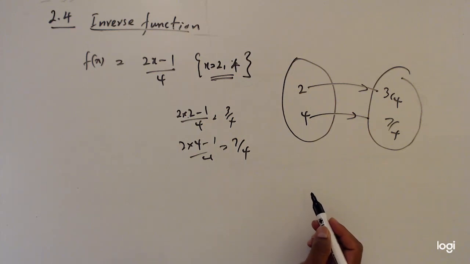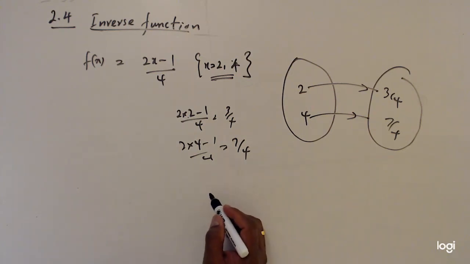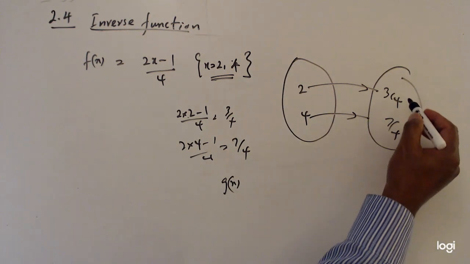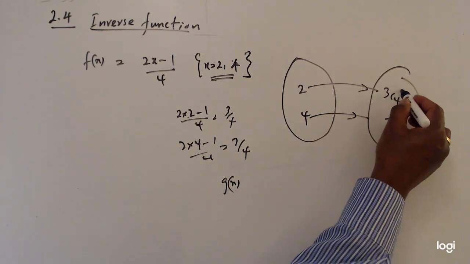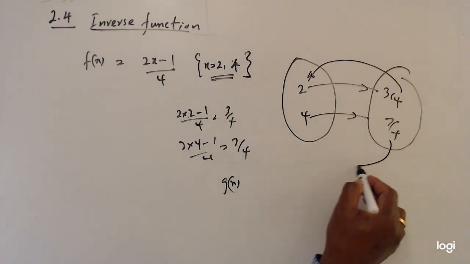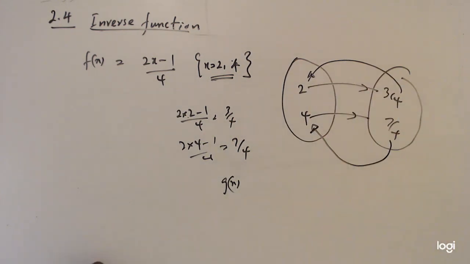Now can you find another function? Let's say g(x). When you put 3 over 4, you want to get 2. When you put 7 over 4, you should get 4. We'll consider that as g(x). So how do you find that?